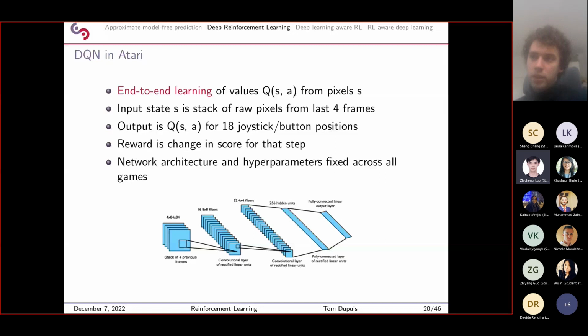Is that more clear? What does it mean that the reward is the changing score for that step? Like, how is it related to the neural network? It's exactly the same as in the last course. It's just that now when we update, we don't update a table anymore. We update the weights of the function.